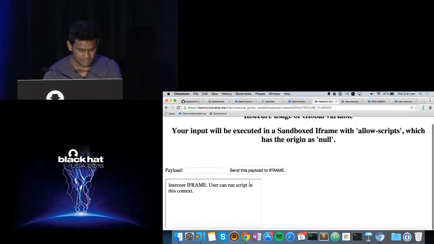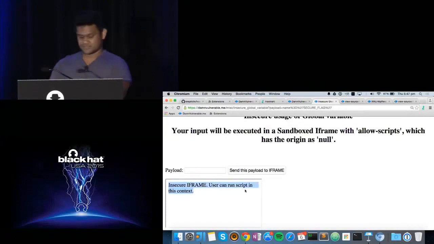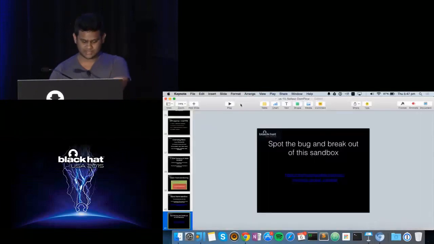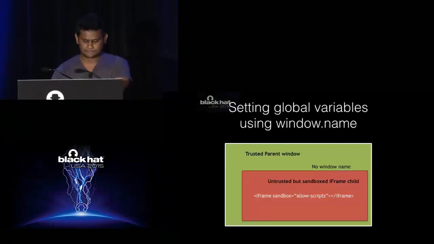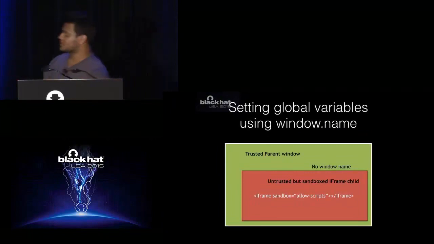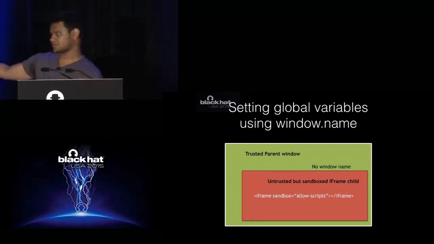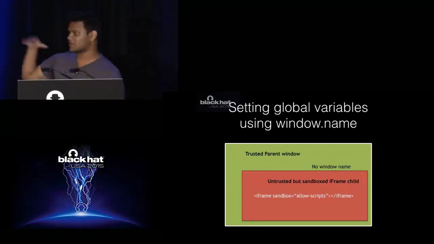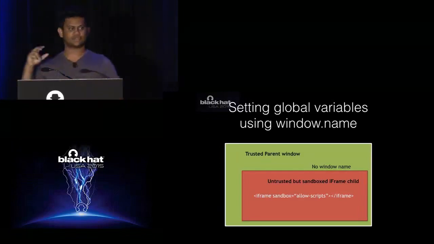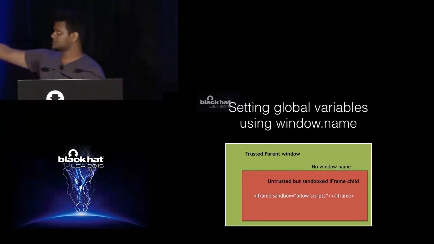I was able to run script in this iframe which actually affected this. Let's see what's happening here. This was the initial scenario. We have the trusted parent window and the untrusted child iframe, and initially there was no window.name for this sandboxed iframe.